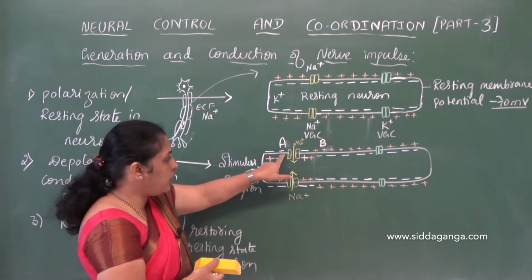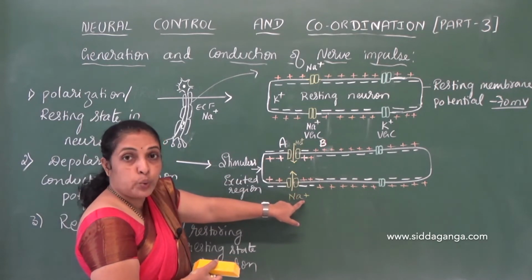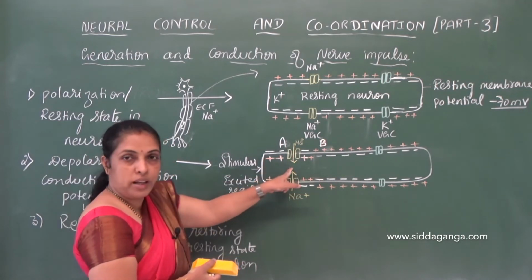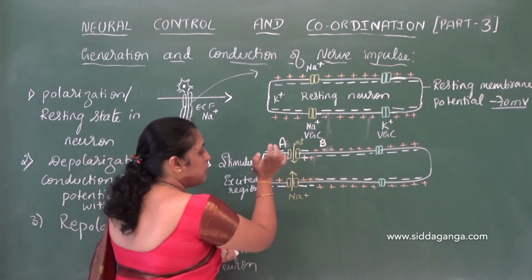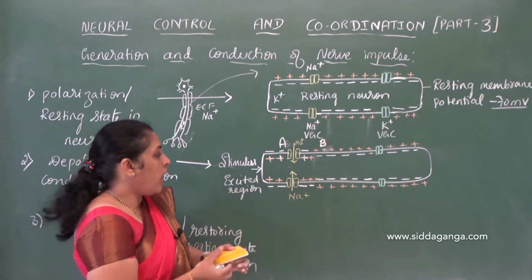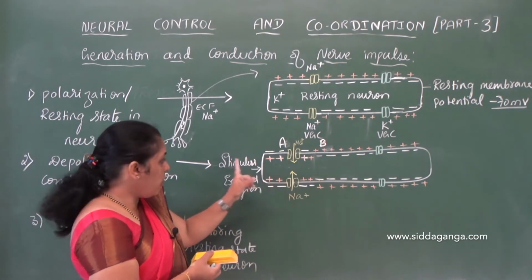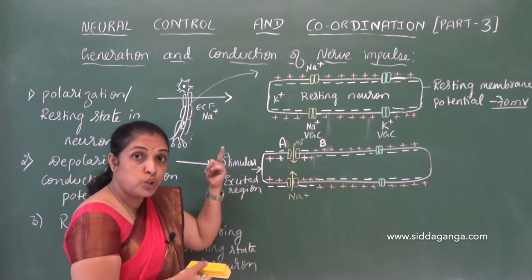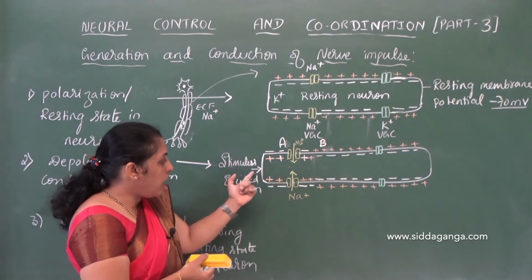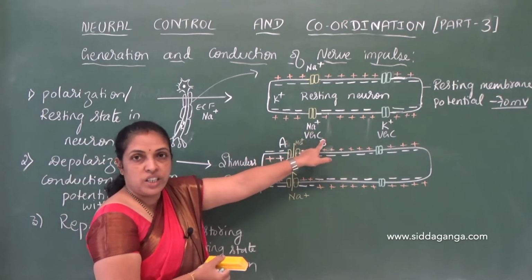will open the sodium voltage gated channels when we apply a stimulus, which results in rapid influx of sodium into the axoplasm from the extracellular fluid. When we apply a stimulus, the neurons become excited, which opens the sodium voltage gated channels.